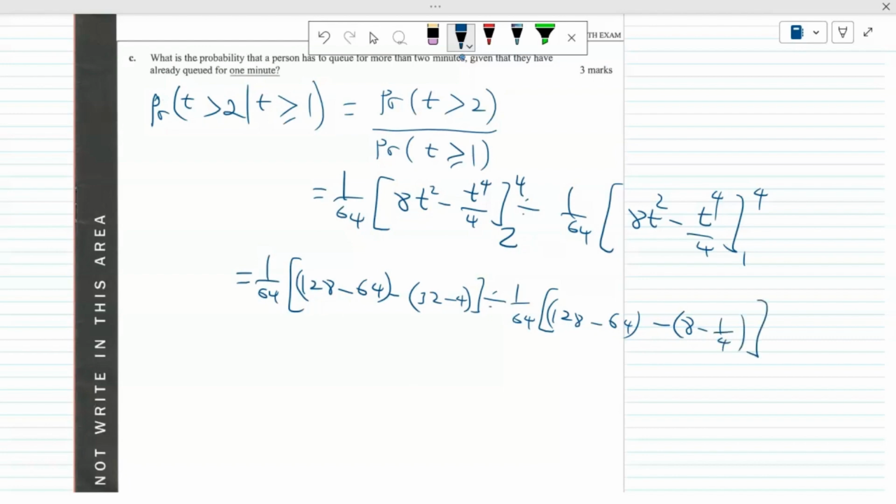So that bit there is 64 minus 28, which is 36, isn't it? So that's going to be 36 over 64, and this bit here divided by, what is this bit here? It's going to be a bit of a hassle one.